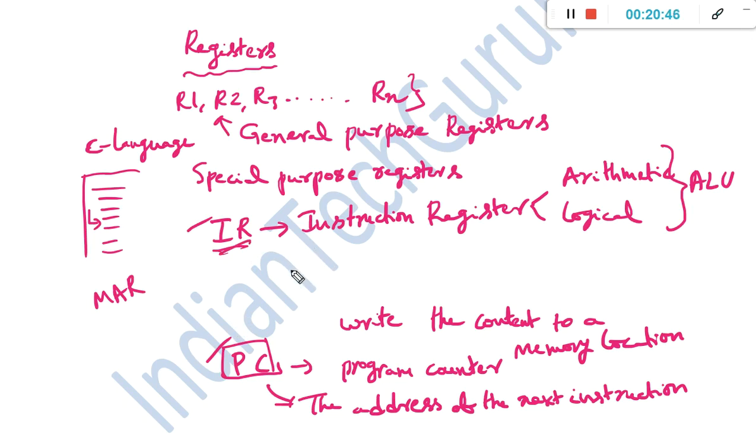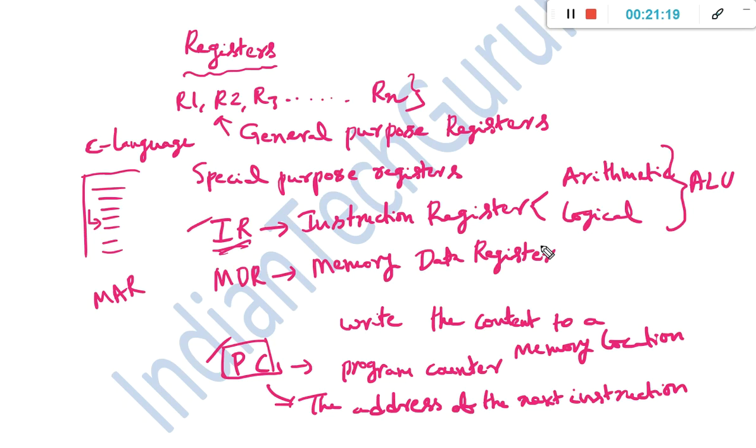Similarly, there is one more register known as the MDR. MDR means memory data register. Already we discussed that whatever content is fetched from the main memory may be either instruction or data.